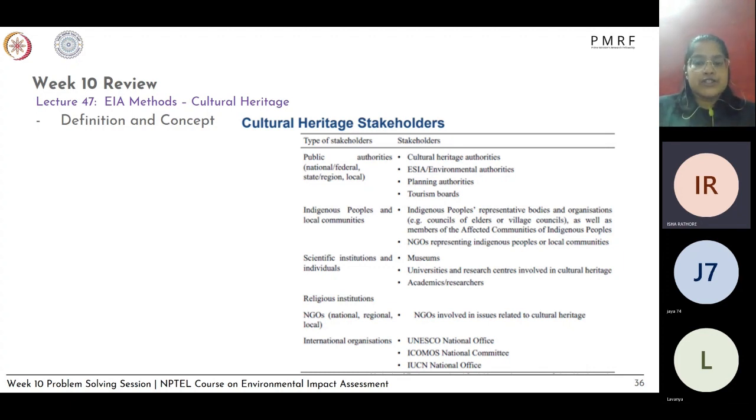And then also international organizations who look after the cultural heritage of the entire world, like UNESCO, ICOMOS, IUCN. So these are the different stakeholders who have a shared responsibility towards maintaining the cultural heritage, and whose interests are also affected by any change in cultural heritage.